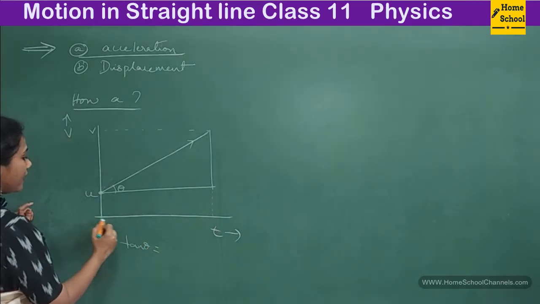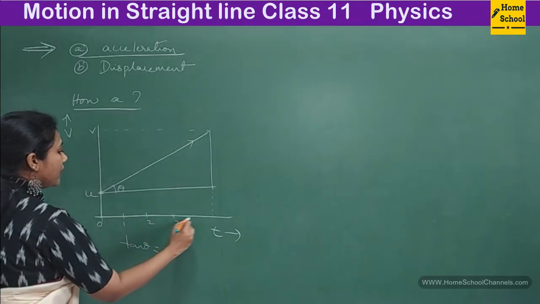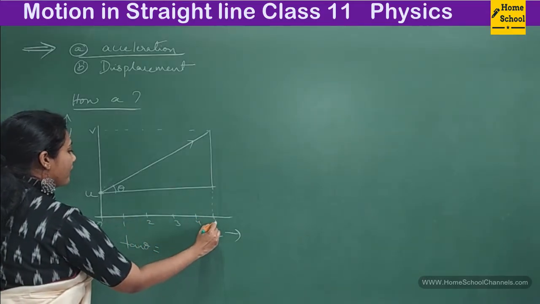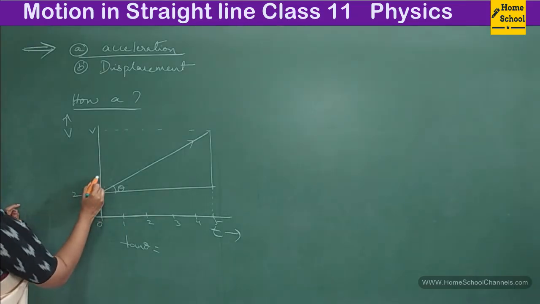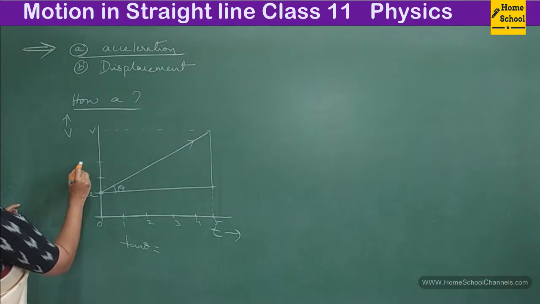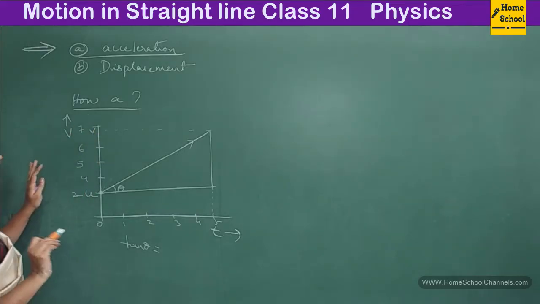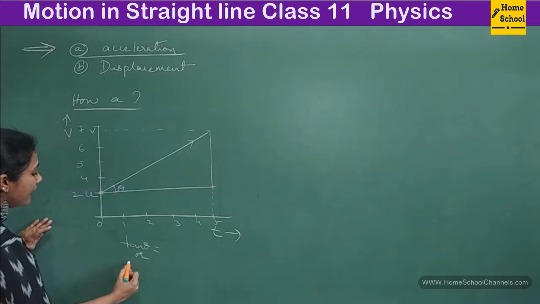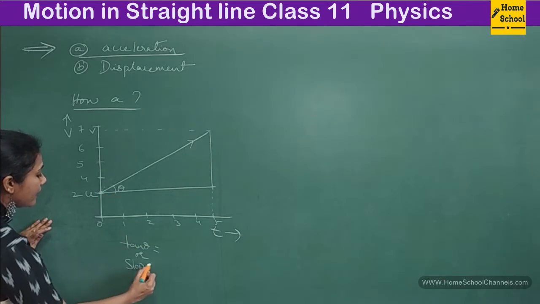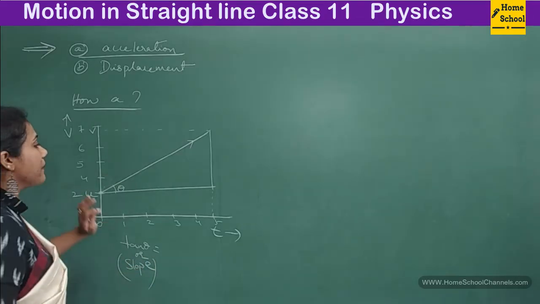So let me take, this is 0, this is 1, 2, 3, 4, 5, okay? And this, let it be 2, 4, 5, 6, 7, okay? Fine. So how do you calculate the slope here? Slope is nothing but tan theta, right? So tan theta or slope is one and the same.